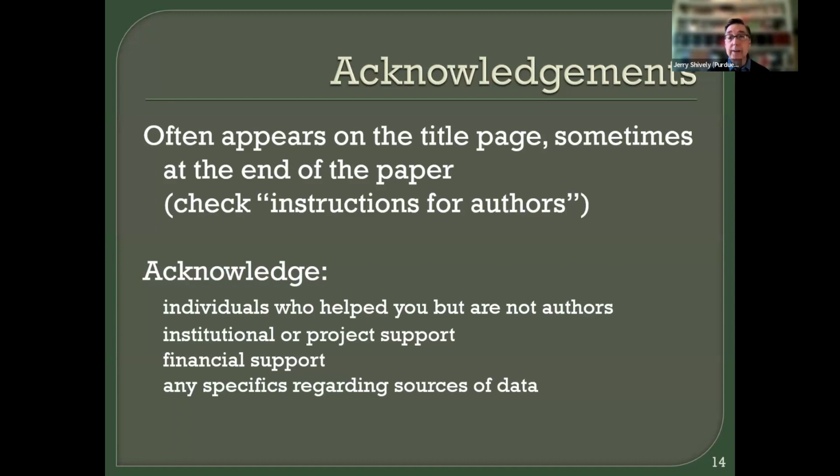If you're using data that were collected by someone else, then you may want to acknowledge the source of the data. So sometimes if you have concerns and you think that someone doesn't necessarily belong as an author of a paper, maybe the correct approach is to acknowledge that person's contributions in a footnote to the paper.